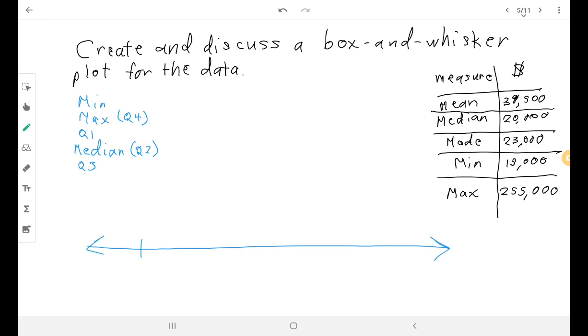So you have your minimum right here, and in this case our minimum is 15,000. So you have your minimum that you mark here. You have your maximum. In this case, our maximum is 255,000. And you mark your maximum. And then you mark your median, which is way over here still at 20,000.